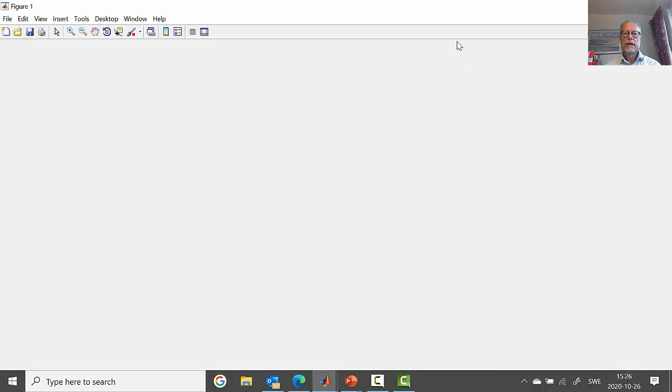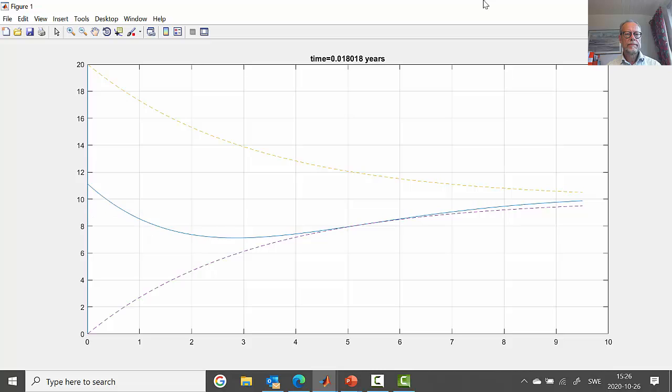Now we look at the simulation of this periodic variation. On the left hand side we see the temperature, and on the horizontal axis is the depth into the ground, and we see how the temperature in the ground is varying from summer to winter.